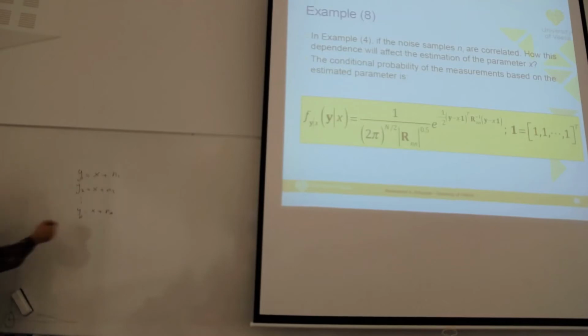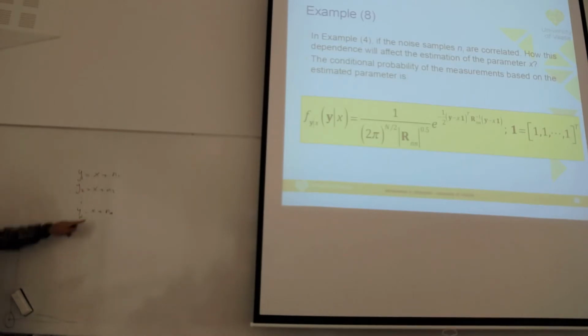So we have n measurements, and we are looking for some hidden parameter x. And as I said in the previous lecture, sometimes we don't have any information about x, so for us it is uniform from -infinity to infinity. In that case, the maximum likelihood estimator will be the optimal one, and we can solve this.